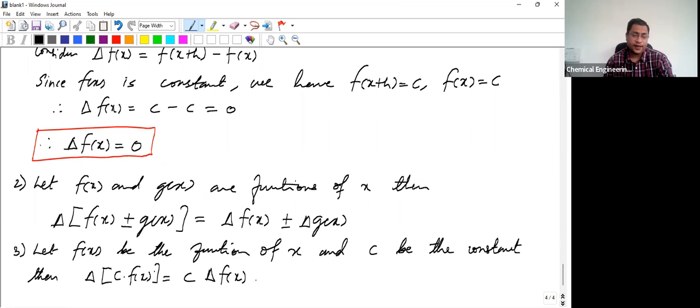So if we have a scalar with the function, then we can take this scalar out, and then we can see the difference of the function.